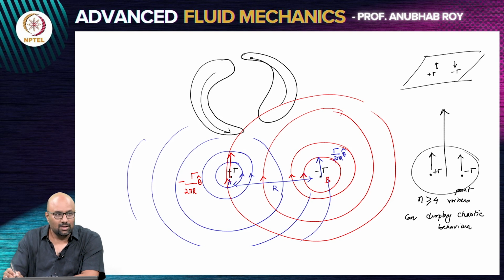Right. So, these 2 counter rotating point vortices can be viewed as a part of the same vortex line which forms a loop, and we know what that is called, that is a vortex ring.